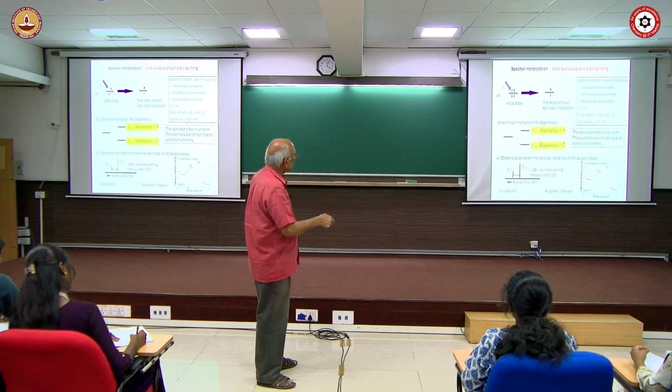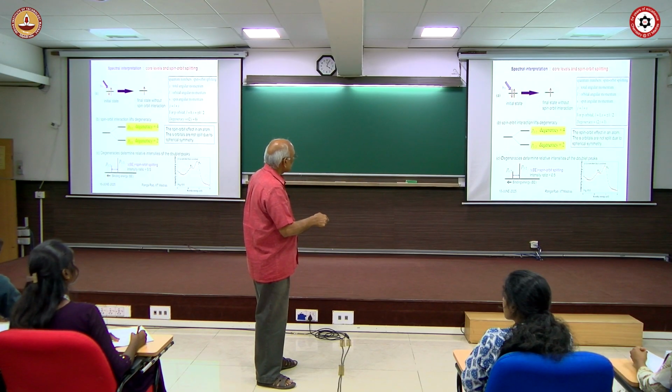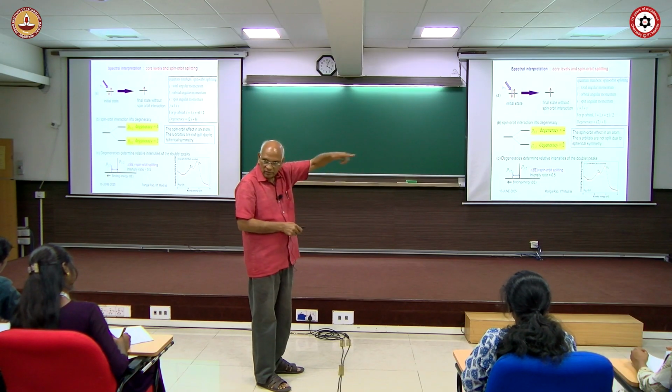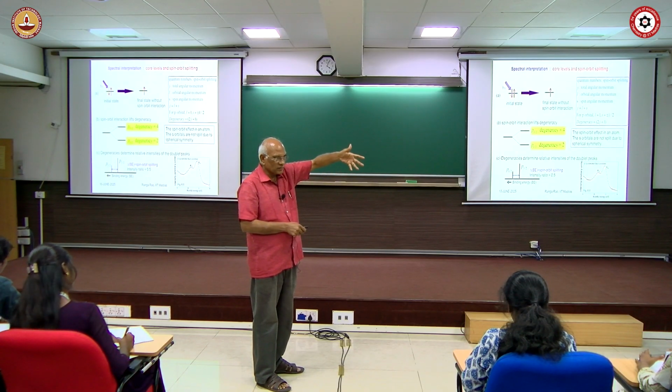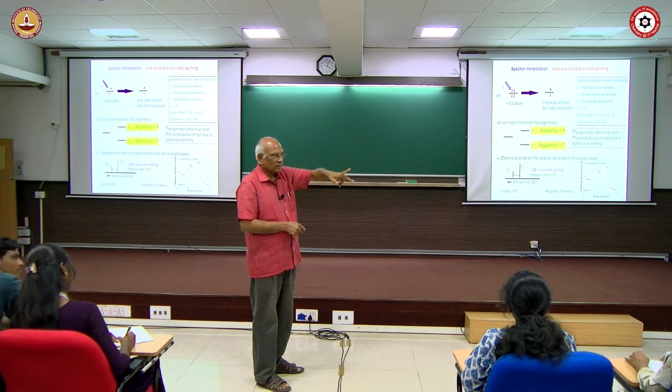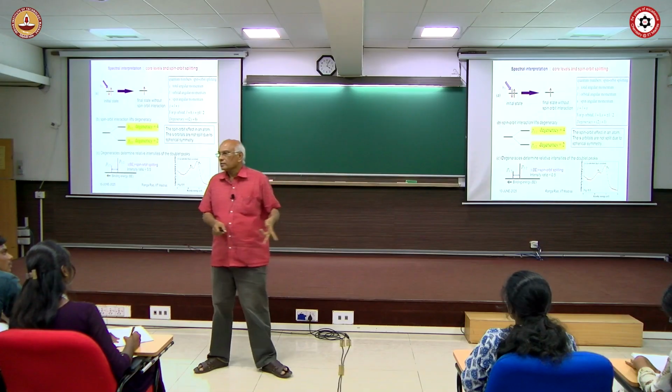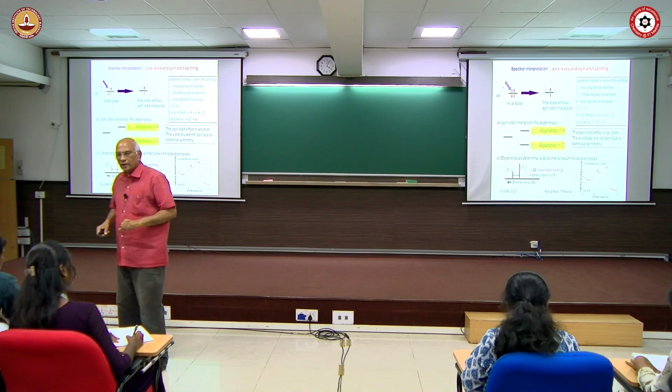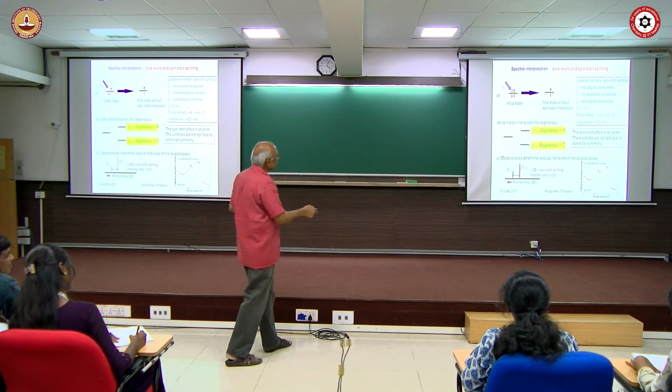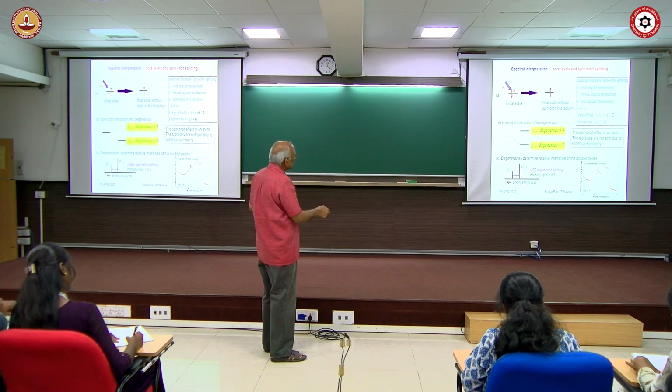One is a spin, the other is orbit. L is nothing but the orbit, and S is the spin. These two interact and give you spin orbit coupling, and that coupling lifts the degeneracy. It splits this energy level into two.